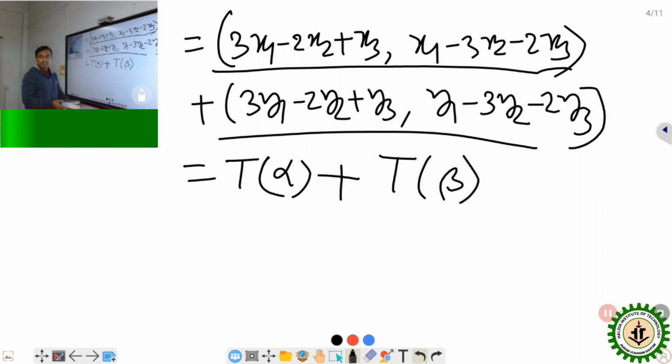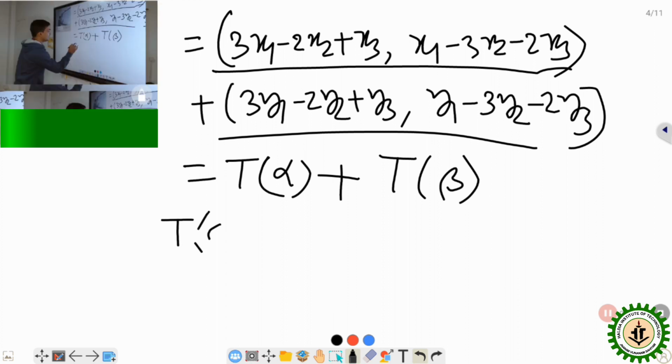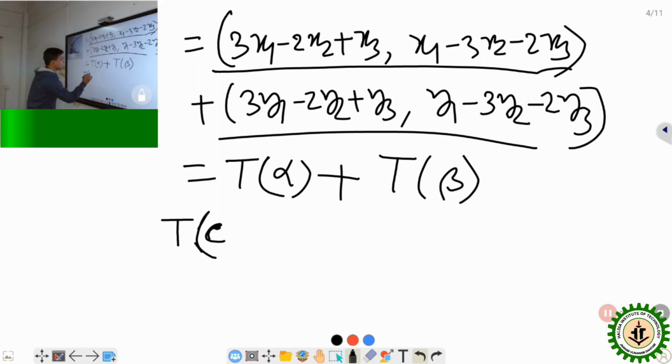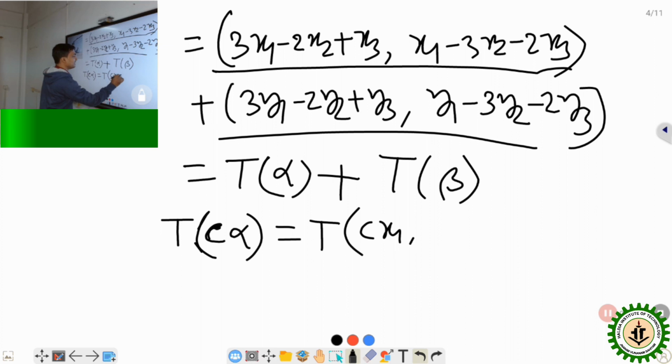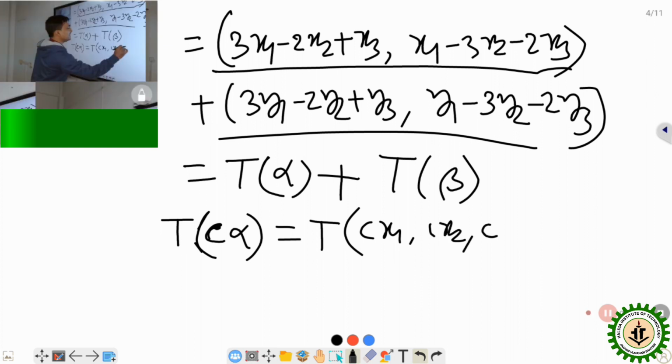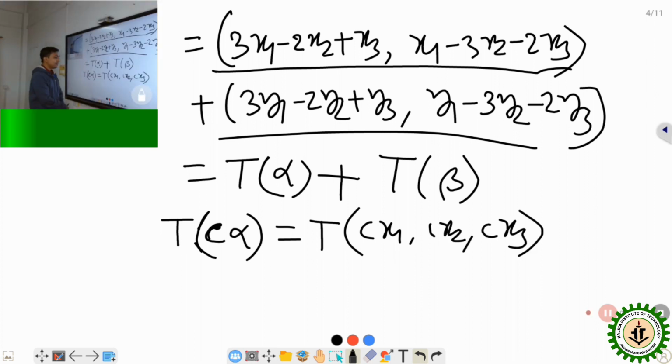So the first condition for a linear transformation already holds. Now we will check the second condition, T of C alpha. T of C alpha means T of (Cx1, Cx2, Cx3), since alpha is already considered as (x1, x2, x3), a three-dimensional point.